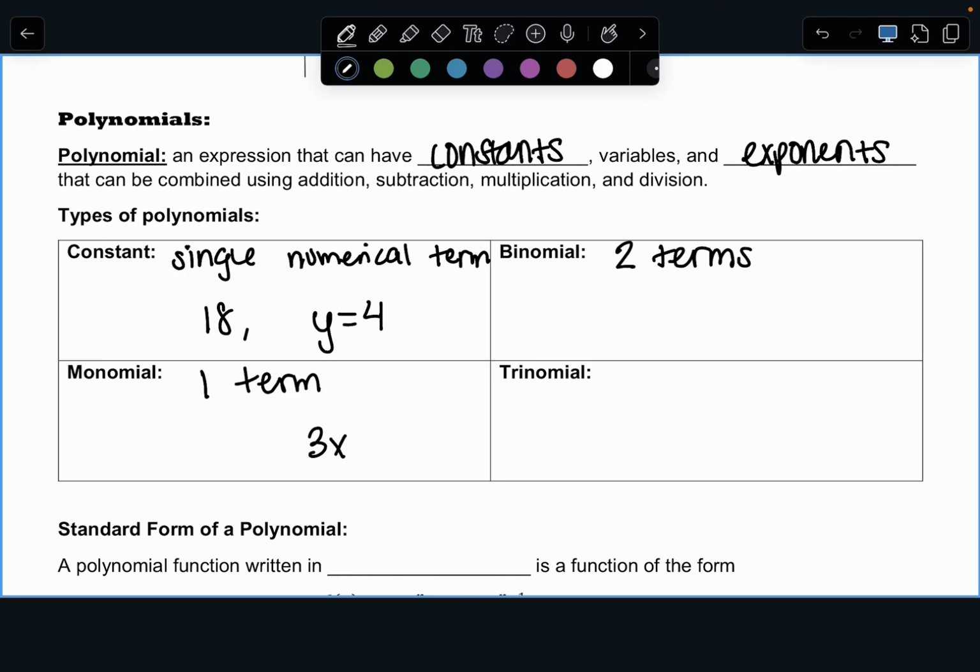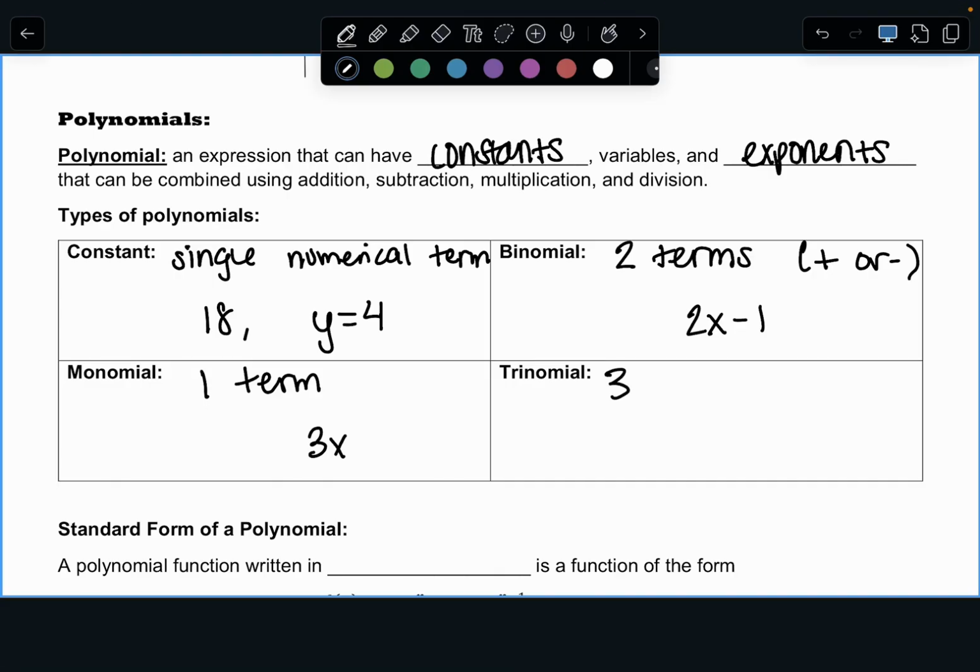So we essentially take a monomial and we add it to a constant term. So 2x minus 1 or 3x plus 4, etc. You won't ever really have to classify these things, but when we go into later in the chapter, I'll talk about specifically binomials a lot. So just kind of get used to the language.